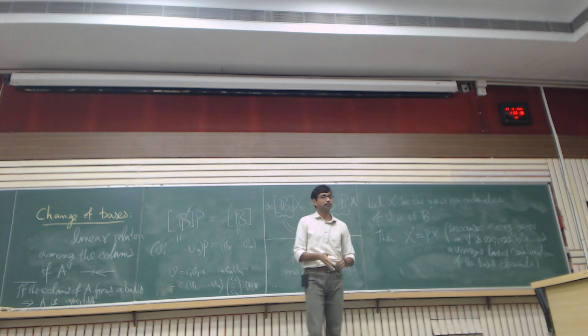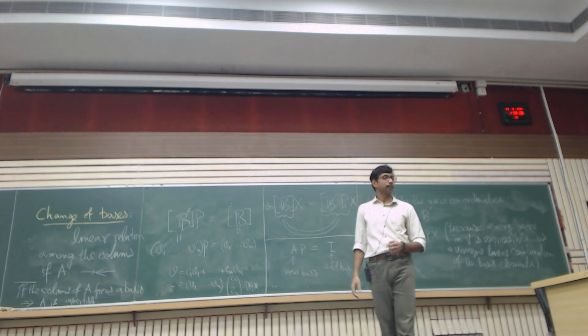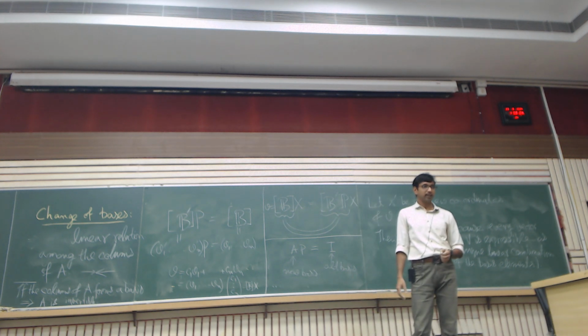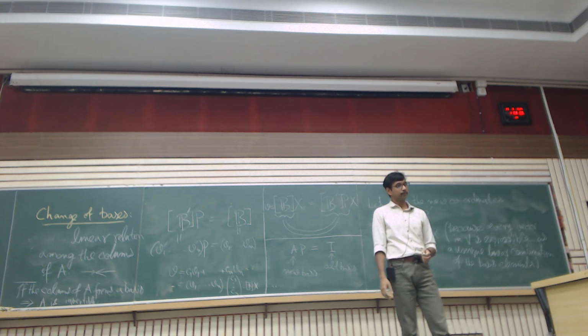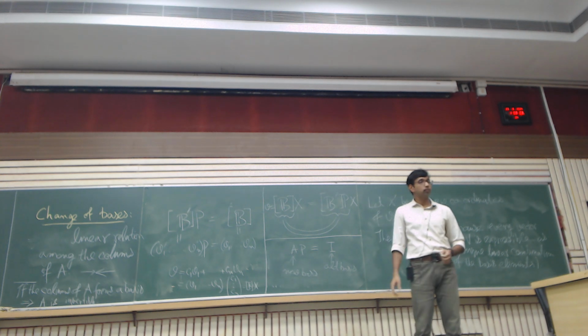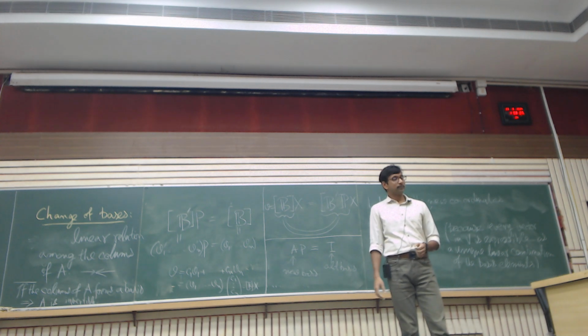But this argument, that if we go from one basis to another we have a matrix P and going back we have another matrix Q, hinges upon the fact that the spaces are of finite dimension. Because of the pigeonhole principle, it's a bijective mapping.